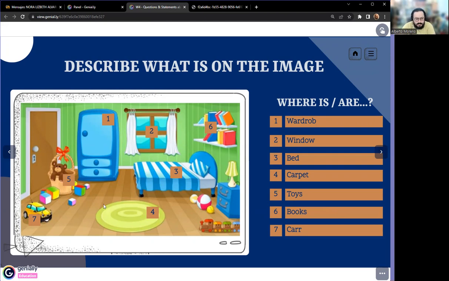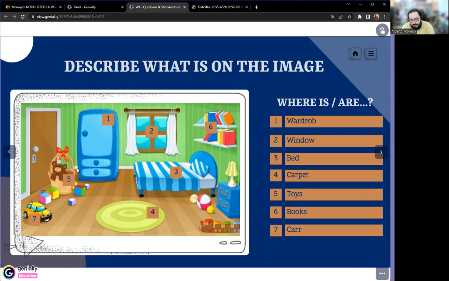Where are the toys? Number 5. Aquí los juguetes están enfrente de la cama. ¿Cuál utilizamos para enfrente? Across o in front of.